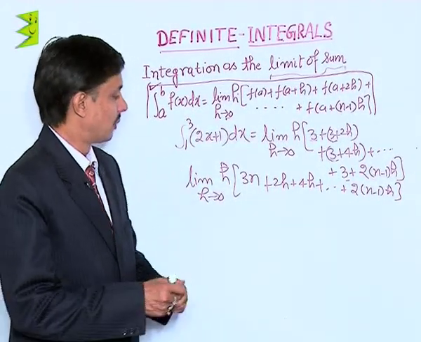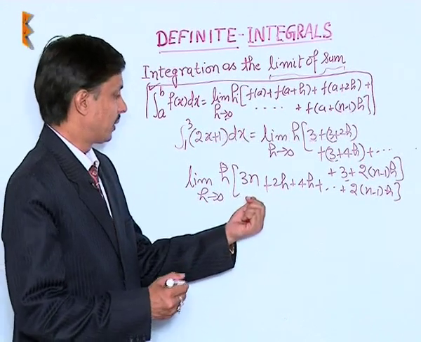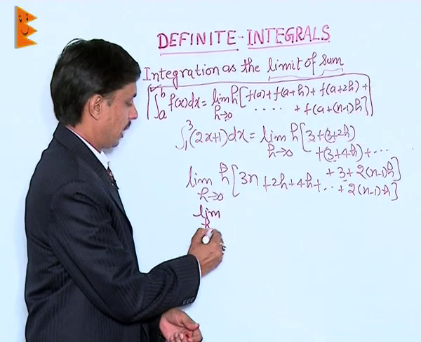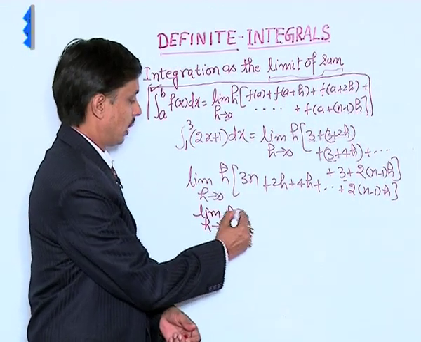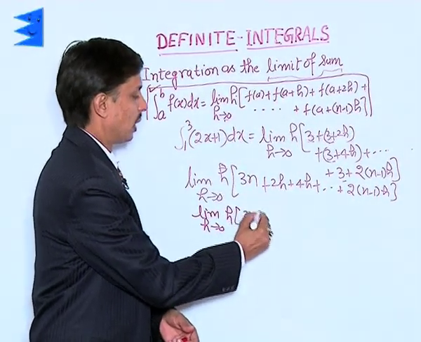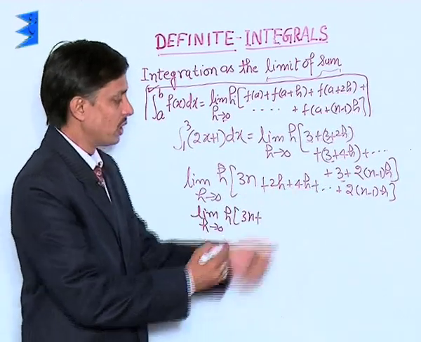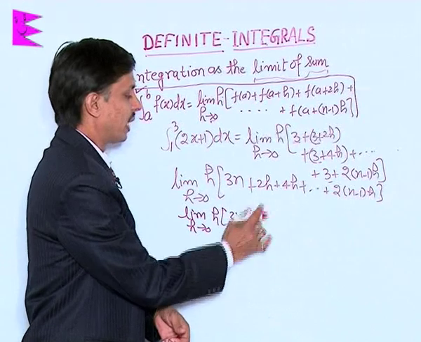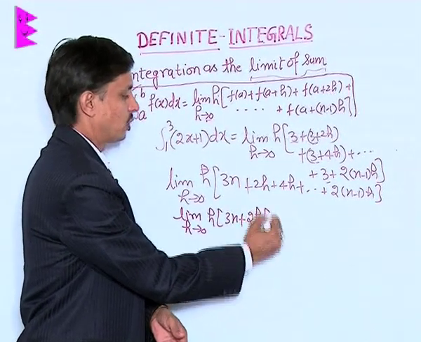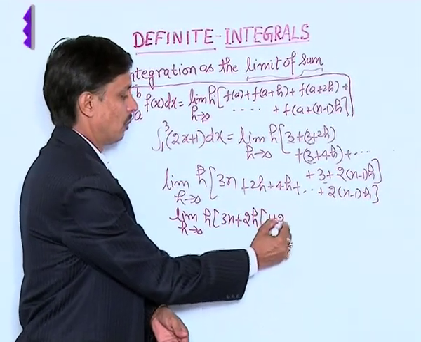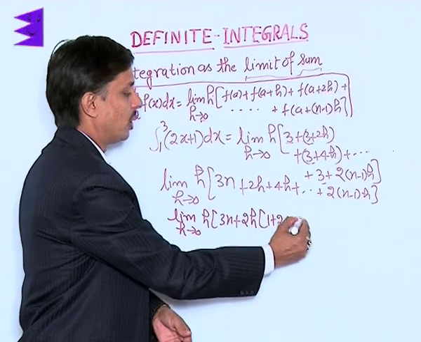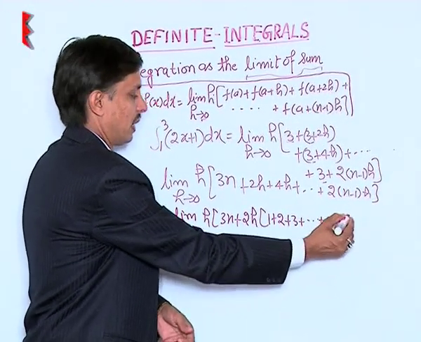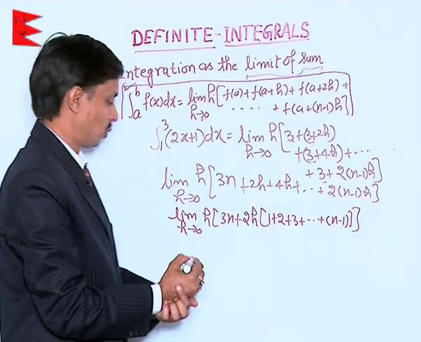Now we can simplify it to limit h tending to 0, h times of 3n plus. If 2 is common, also we can take h common, 2h, we are left with 1 plus 2 plus 3 plus dot dot dot plus the last term n minus 1, and it is closed.